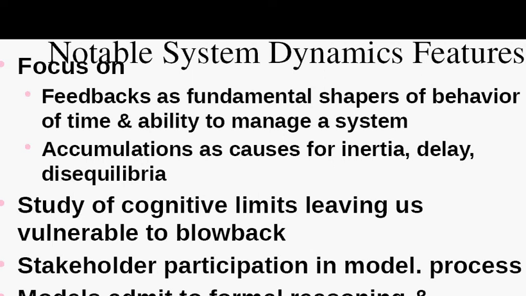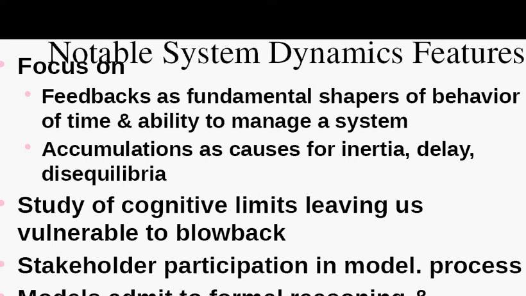And secondly, it emphasizes accumulations, cases where things accumulate over time, and accumulations as a cause for inertia, delay, and disequilibrium, cases where a system's not in balance, and it takes a while for it to be in equilibrium.